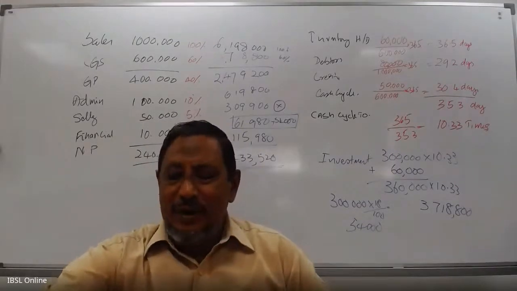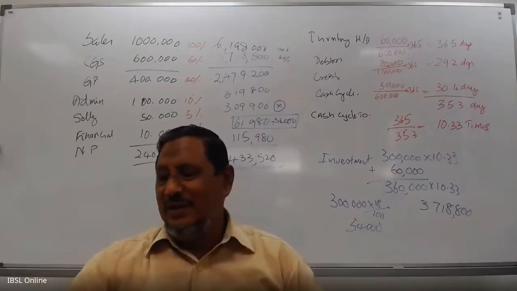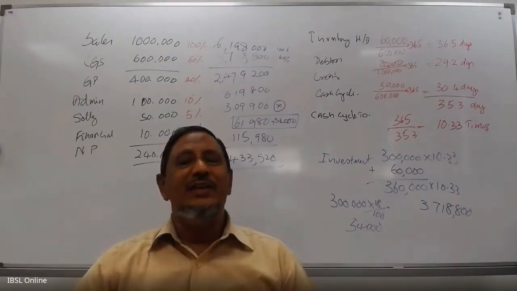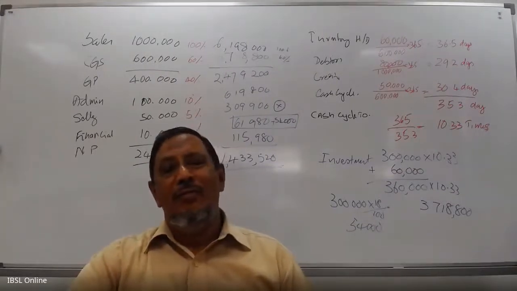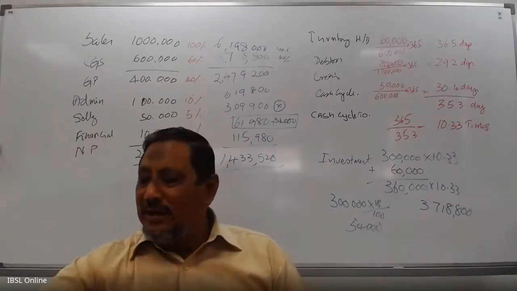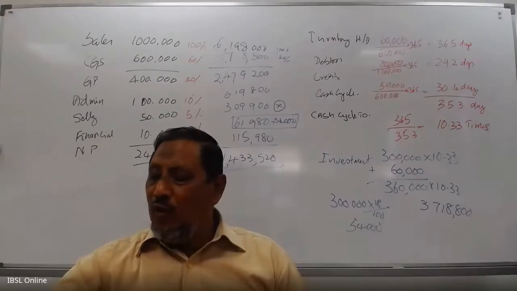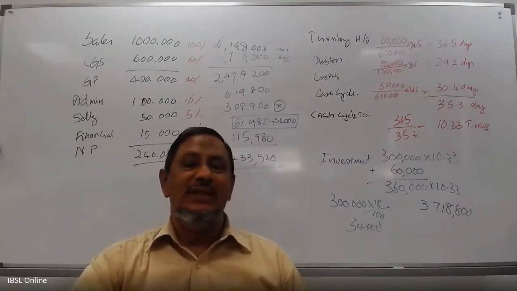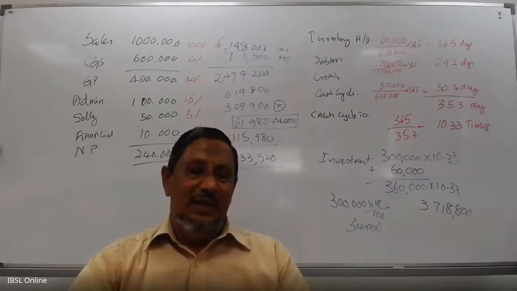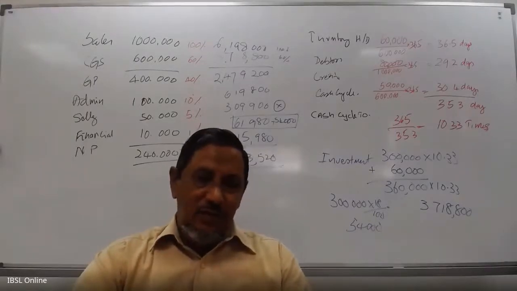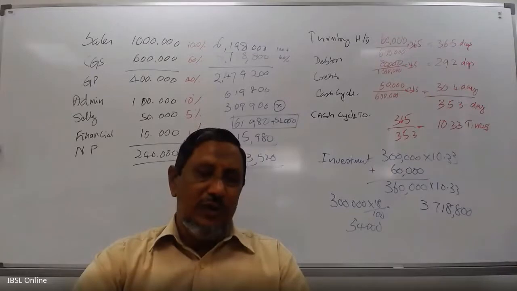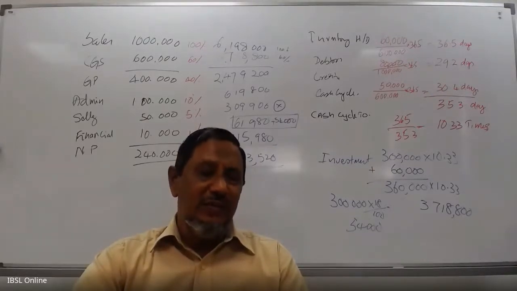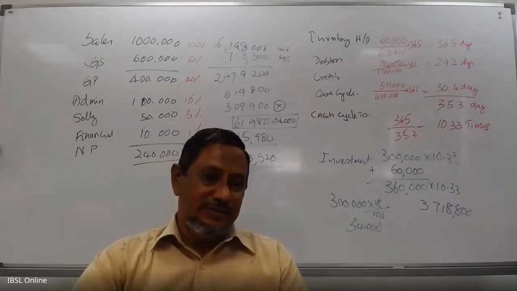My opinion is not to give this 300,000. Reason is we are over financing. The customer's capacity, see, he has earned 24,000 or 24% profit, 24,000 profit by investing only 60,000.